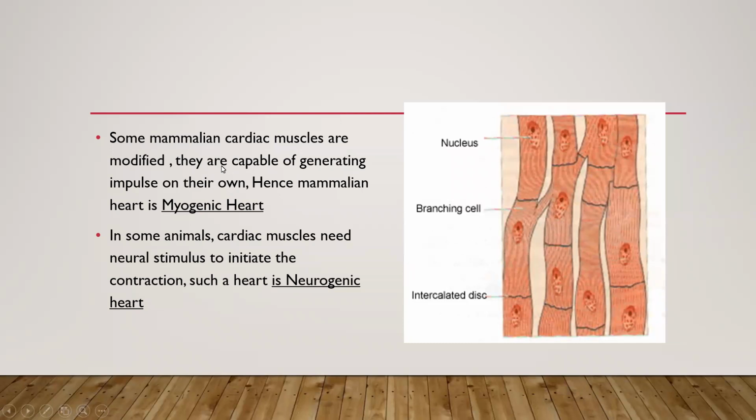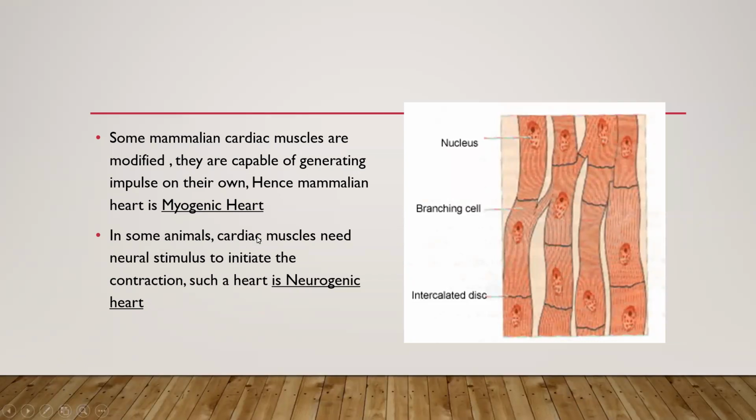It does not need external stimuli, and such a heart is called a myogenic heart. I hope you're getting it. That means they can generate impulses and contract on their own. Such a heart is mostly found in mammals, and hence the mammalian heart is called a myogenic heart.